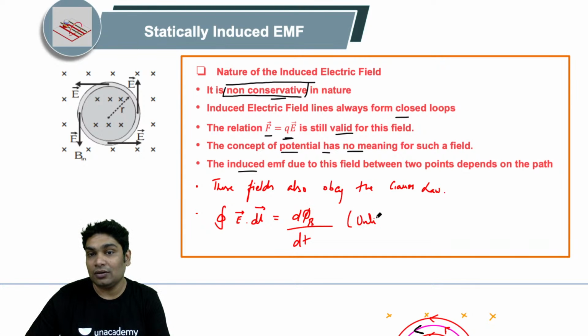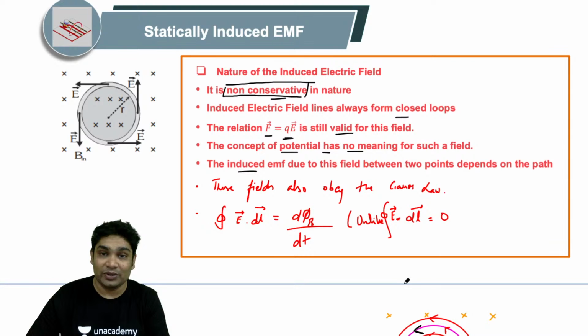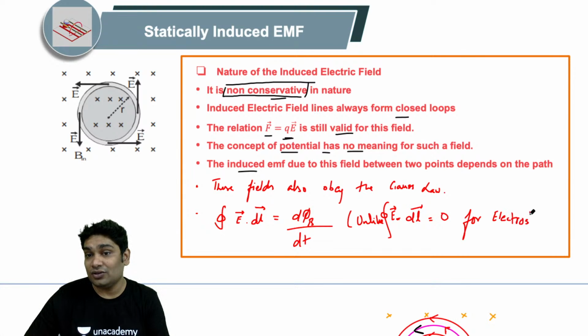Unlike E dot dl being zero for the field of charges, that was a conservative field. For that, this would always come out to be zero, right? For the electrostatic field. So electrostatic fields are conservative and other fields are not.